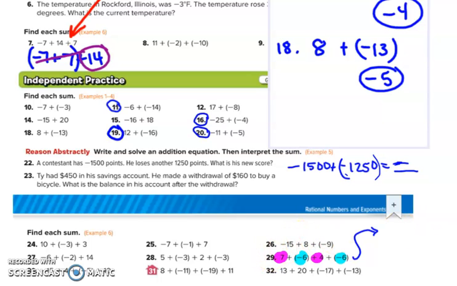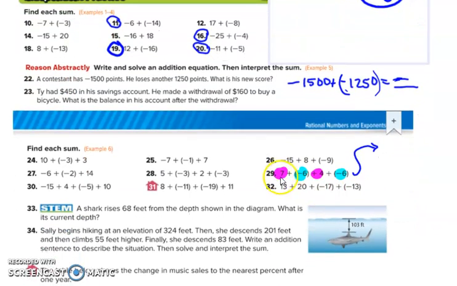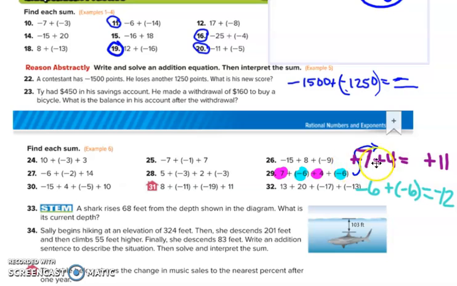Okay, then looking at one more down here, these are adding more numbers. And so this is 7 plus a negative 6 plus 4 plus a negative 6. So what I like to do is I like to go and combine either in my head or else like I'm going to do now. I like to combine the positives, okay, and then combine the negatives. So I know that the positive 7 and a positive 4, that's a positive 11.